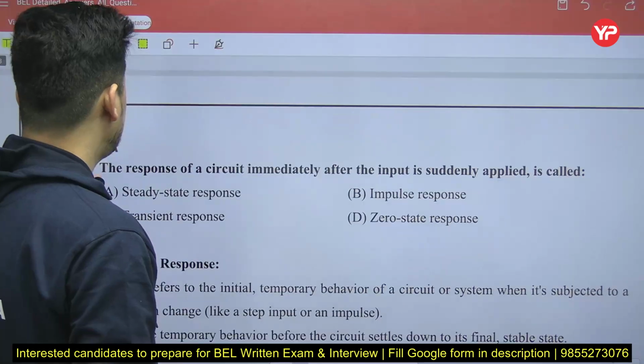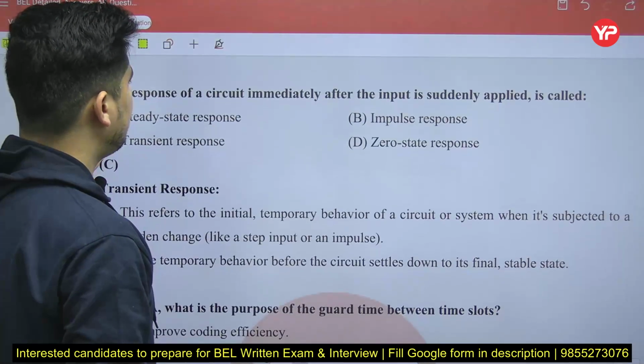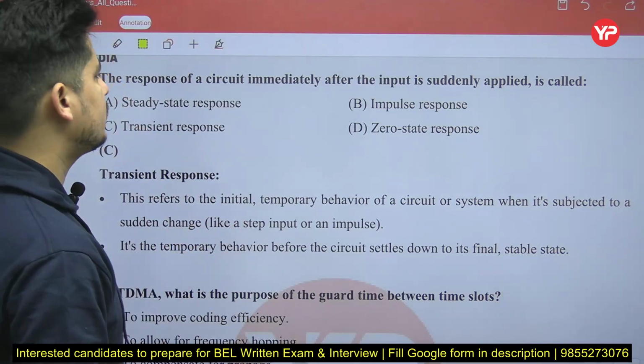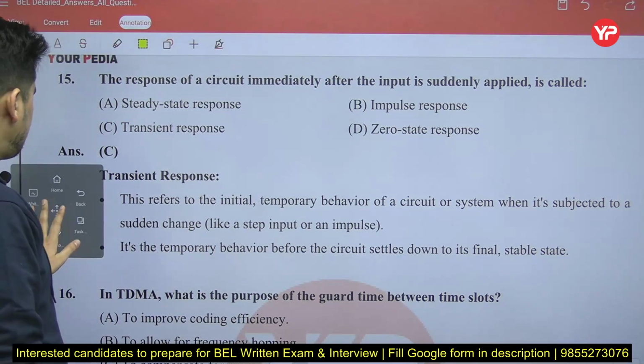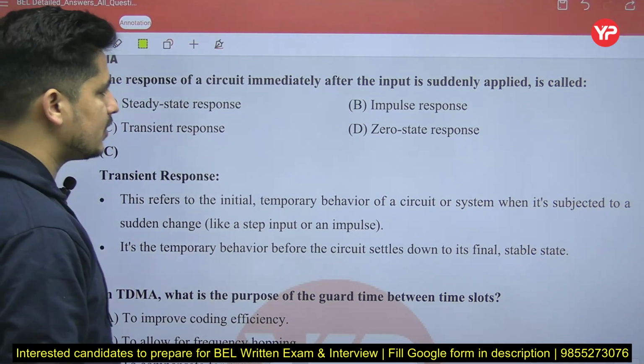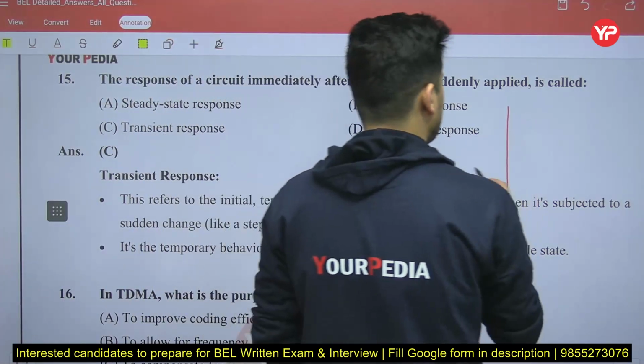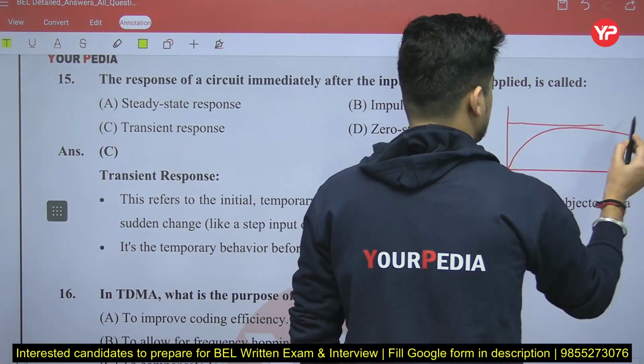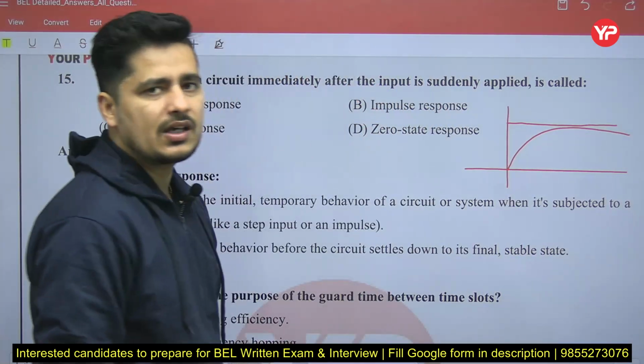Next question. The response of a circuit immediately after the input is suddenly applied is called as, see, basically if I am talking about the response of a system, there are two types of response. I am taking generally an example. This is a response of a system, unit step response of a system.